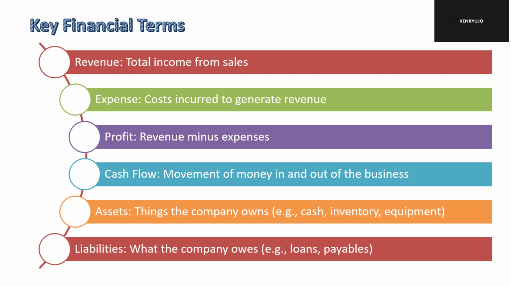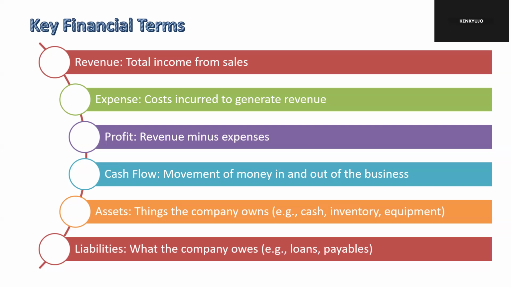What is meant by revenue? Revenue means total income from sales. The organization is doing some sales activity, it may be manufacturing or a service, something they are selling. The total income they gain from selling is called revenue.